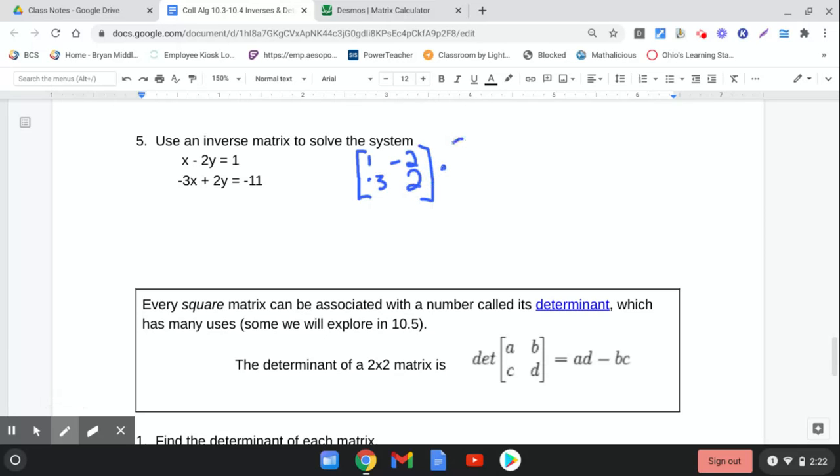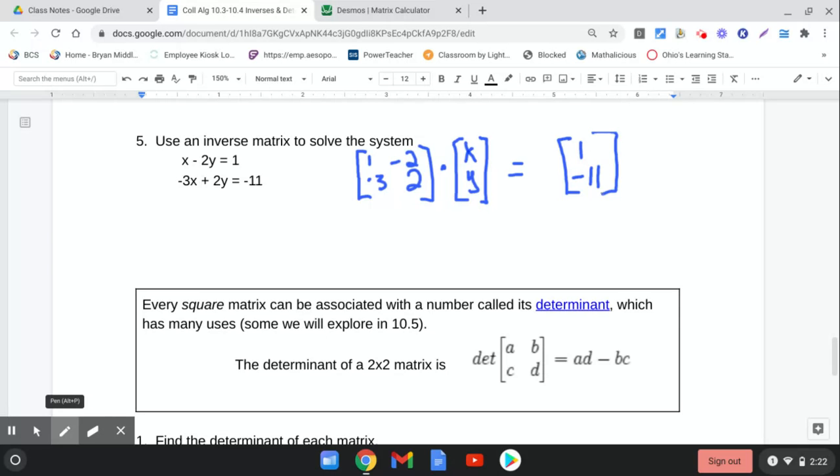And then I'm going to write a variable matrix, x, y. And when we multiply those, we should get our answer matrix, which is 1, negative 11. Okay, so I've just turned that system of equations into a matrix equation.